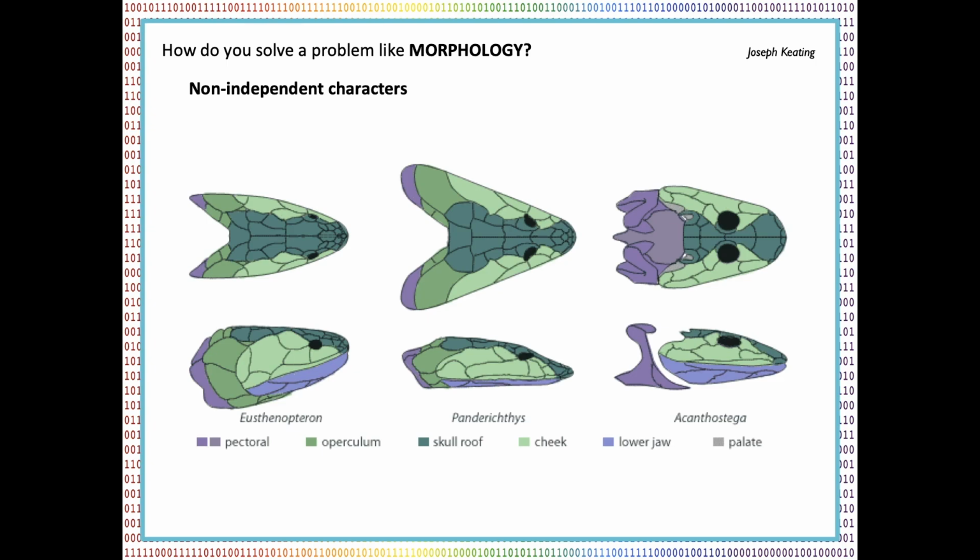We could code the variation we observe in a series of discrete characters, each describing the shape of individual skull bones. However, due to the functional constraints acting on the skull, changing the shape of any of the skull bones will require simultaneous changes to adjacent skull bones.